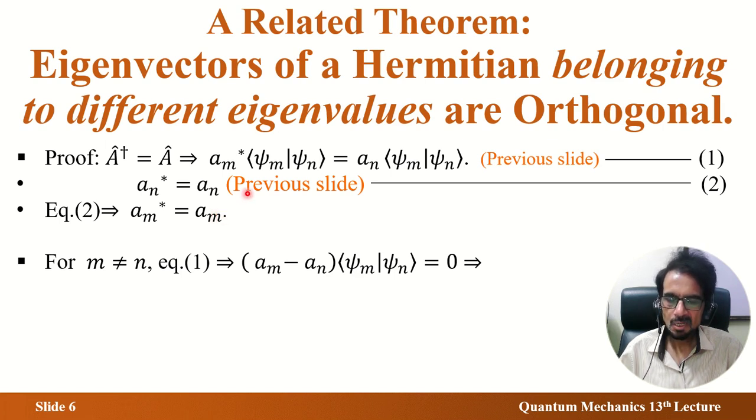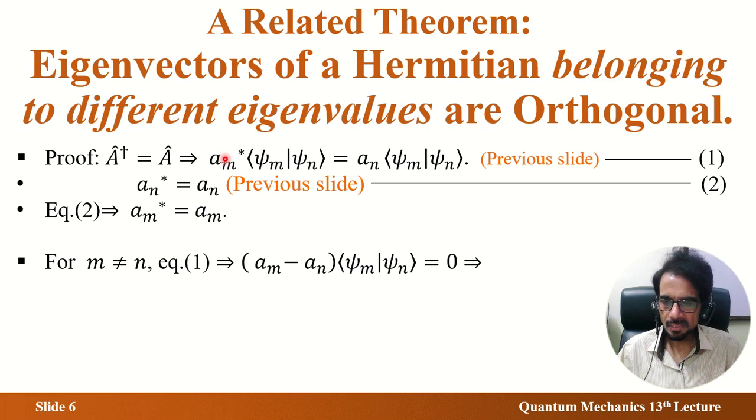The first is I take a case when m is not equal to n. In the previous slide I took the case when m was equal to n. So pure logic says that the remaining case is that m is not equal to n, and then what happens to equation 1?